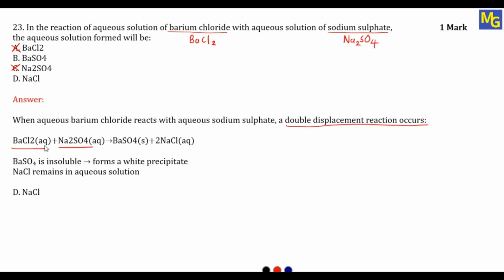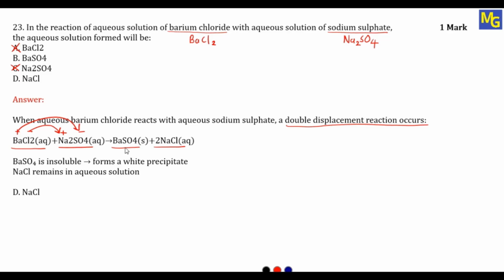When BaCl2 plus Na2SO4 combine, Ba is positive, Cl is negative, Na is positive, SO4 is negative. So the positive combines with the negative, and we are going to get BaSO4 and NaCl.